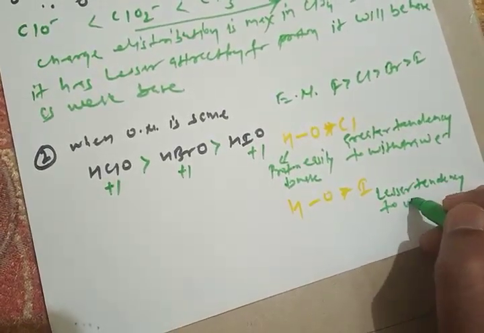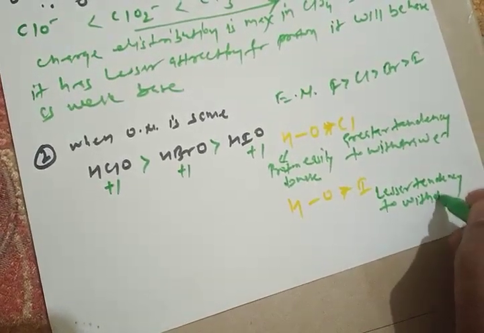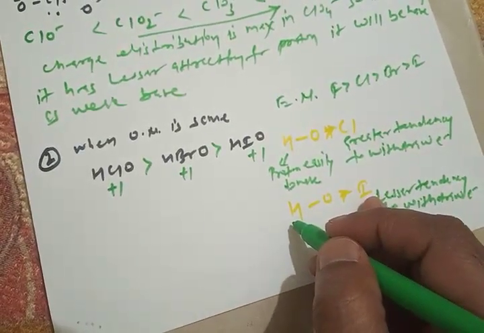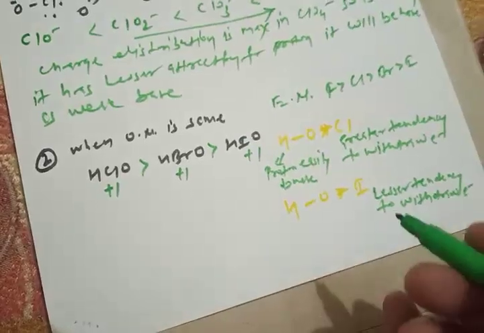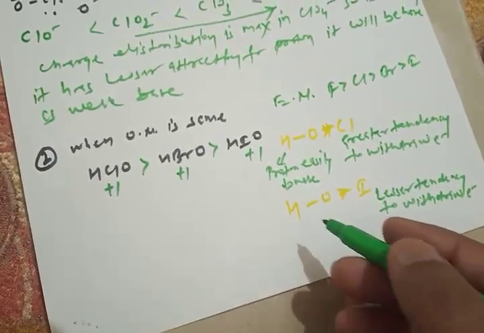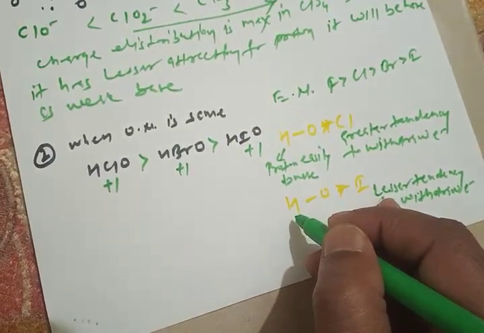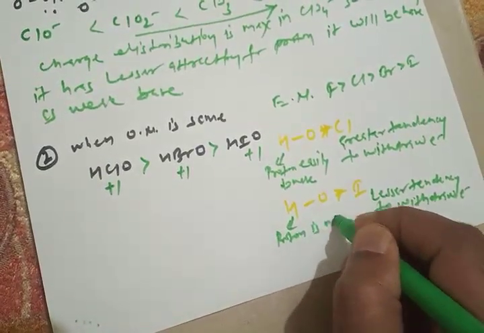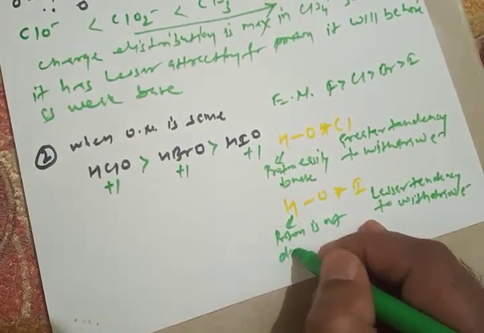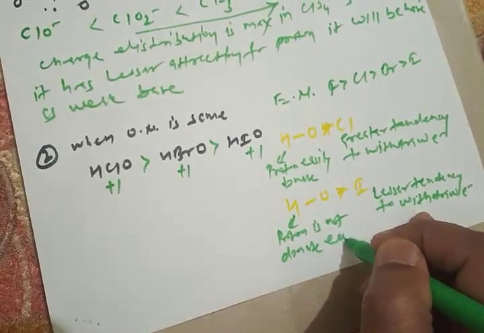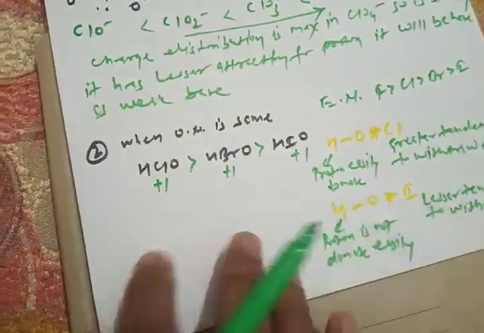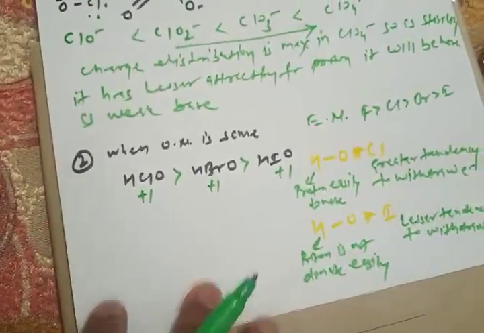Okay, and if it has a lesser tendency to withdraw electrons, the proton will not easily be donated. The proton is not going to be donated very easily. So here the proton is not donated easily, and that is why HIO is not as strong as compared to HClO. This is the reason in this case.